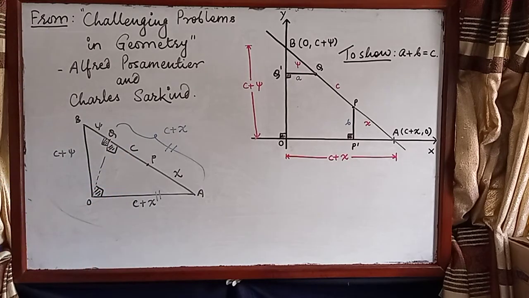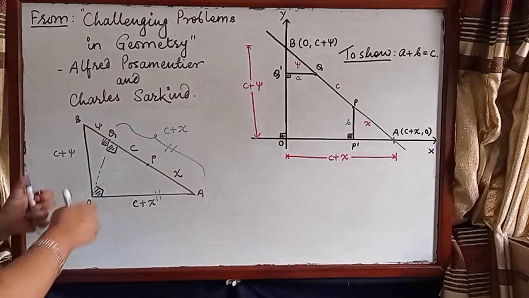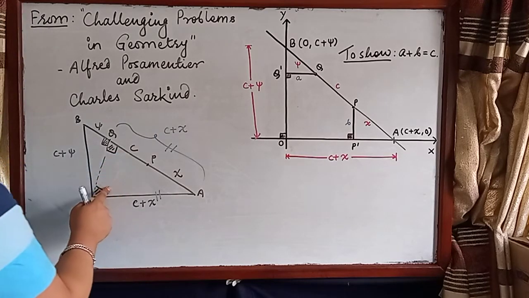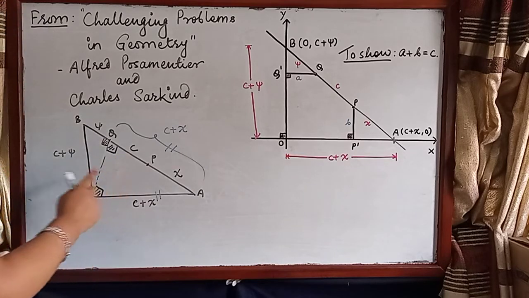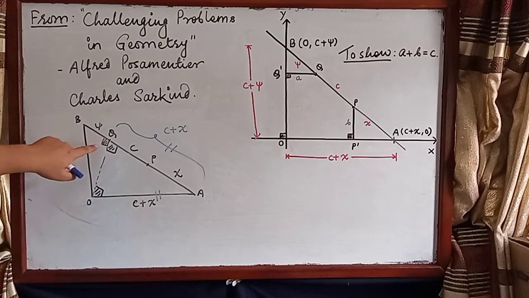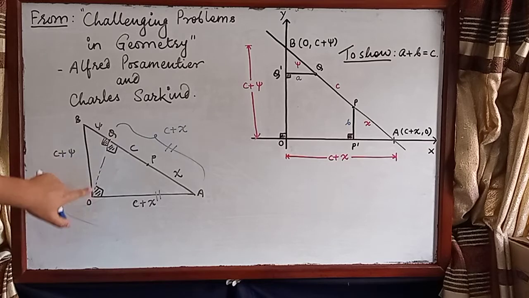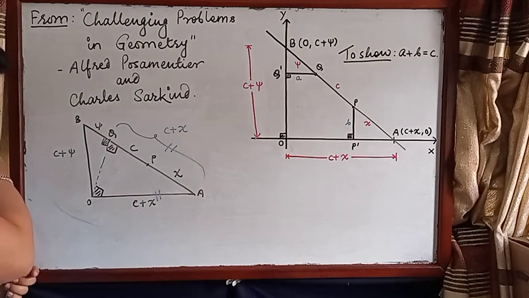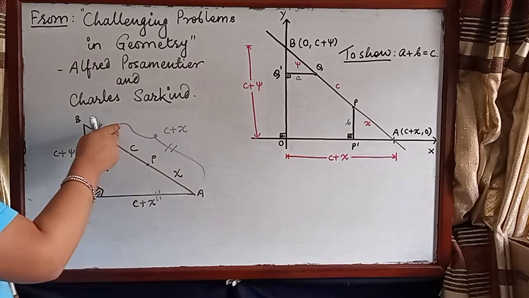So we obtain a triangle in which two angles are 90 degrees. So this is really absurd. So we conclude that the perpendicular from O to the side AB cannot pass through the point Q.